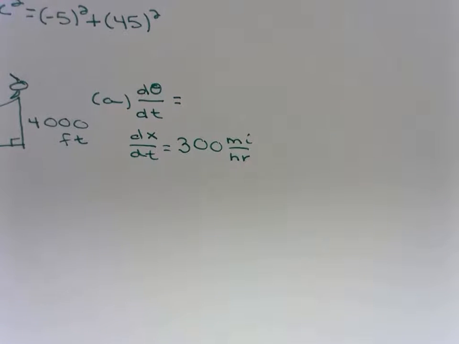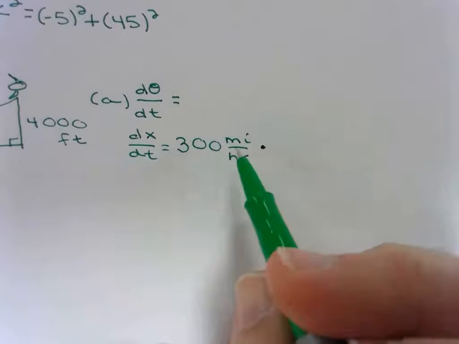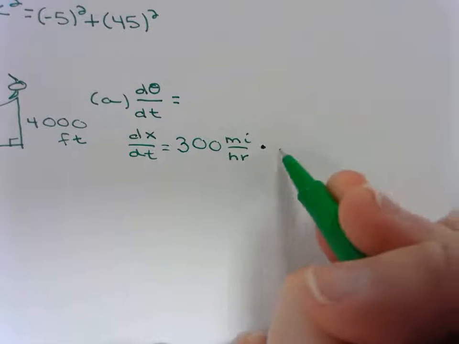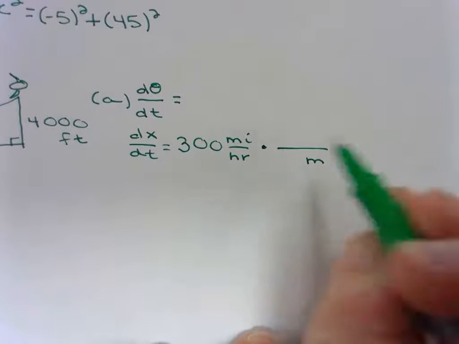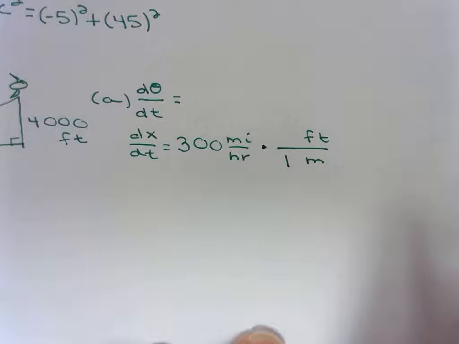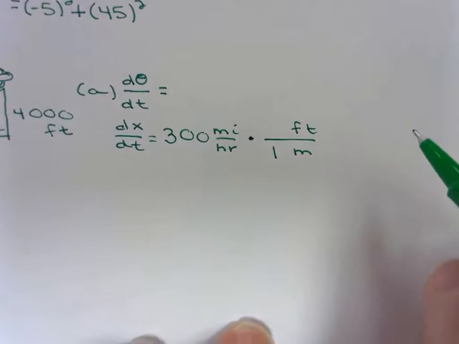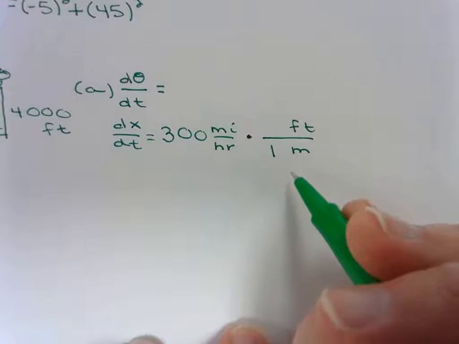So we think conversions. I want to get feet on top, and I have miles on the bottom, so I want to cancel out the miles by putting miles on the bottom.